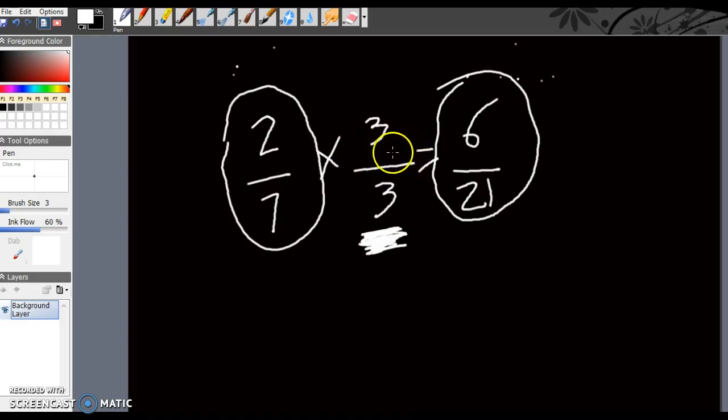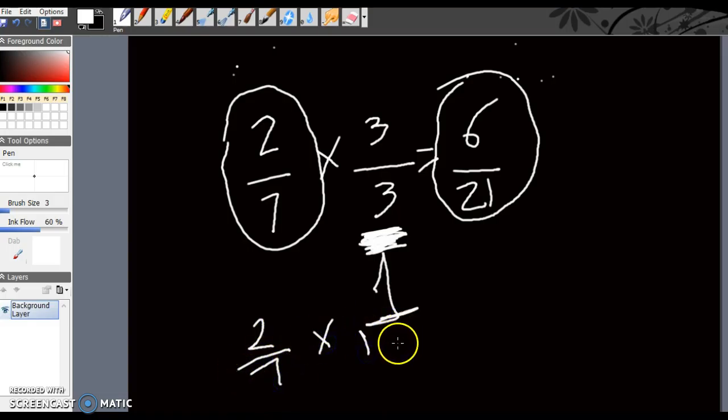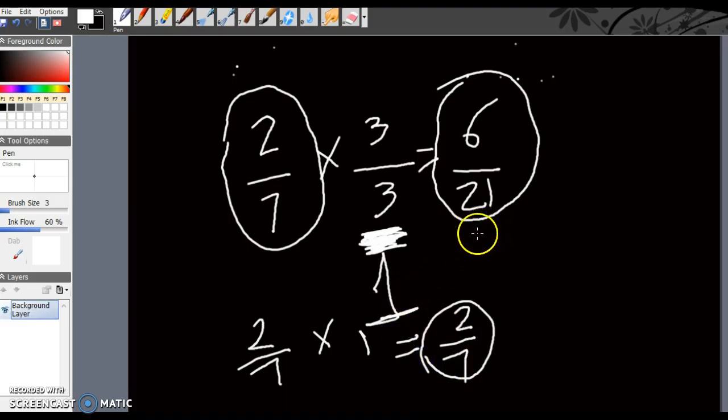If I ate 3 of 3, that means I ate the whole pie. So it means that I took 2/7 and multiplied it times 1, and any number times 1 equals the same exact number. That means I did not change the value of the fraction simply because I multiplied it by a fraction that is equivalent to 1. Interesting, right?